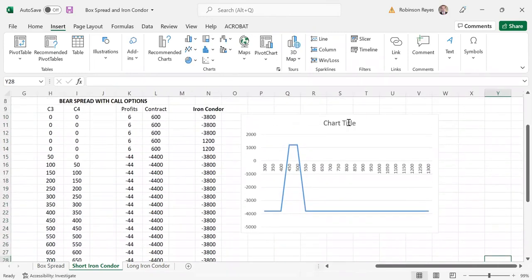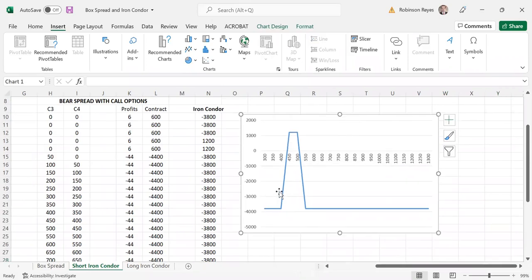Okay, and now it's a little bit better because we can actually see what this means, right? This is an iron condor, and it's a net short strategy, a net short portfolio here. And if prices are very low, like here, we have this loss, which is 3,800. If prices are very high, we have that loss. And there is this range of values at which we actually get this profit.